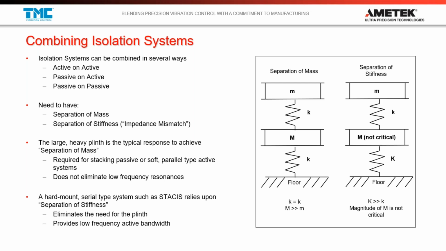When I talk about separation of mass, I'm talking about a large mass in between the two systems. So here's an example in a free body diagram of a relatively light system that has some spring constant, say the spring constant is K, placed on top of a very massive surface, also placed on a similar spring constant. If it didn't have that mass there, those two springs would couple with each other.